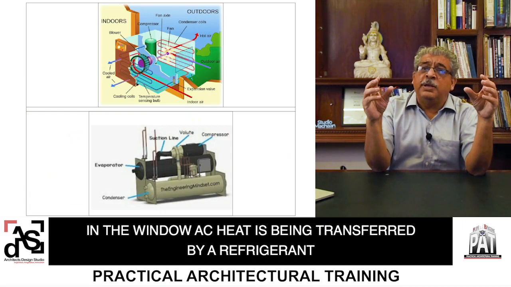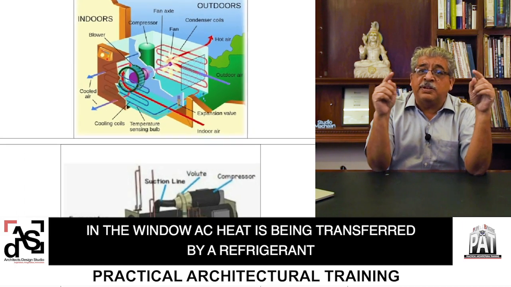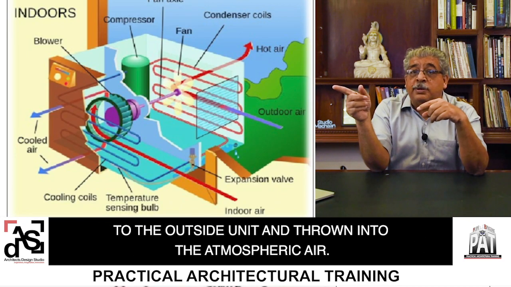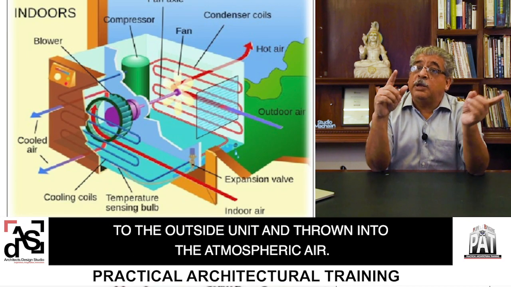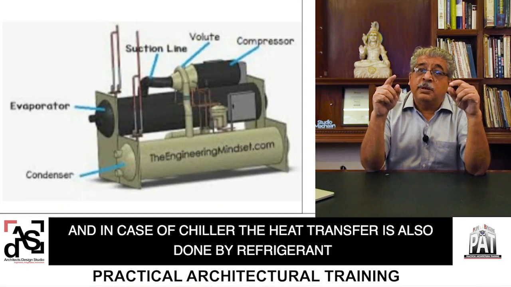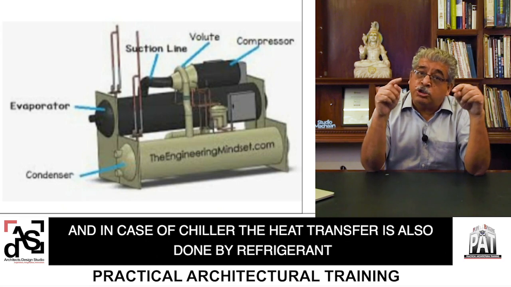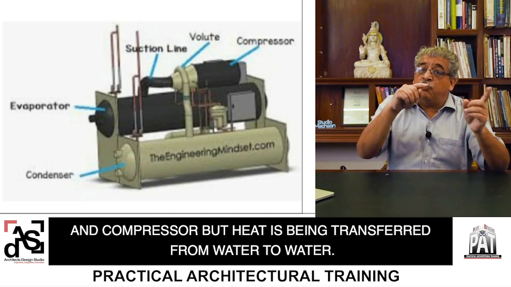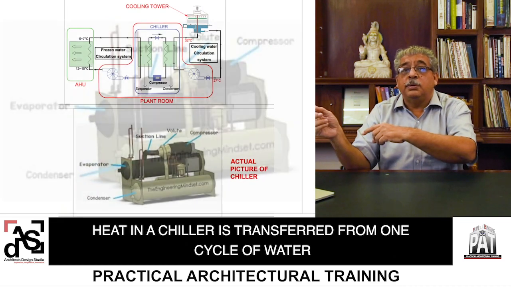In the window unit AC, heat is being transferred by refrigerant to the outside unit and thrown into the atmospheric air. And in case of a chiller, the heat transfer is also done by a refrigerant and a compressor, but heat is being transferred from water to water.